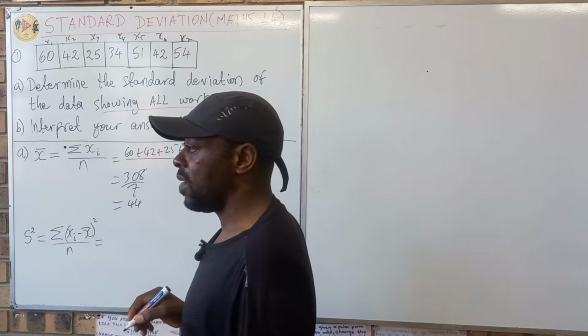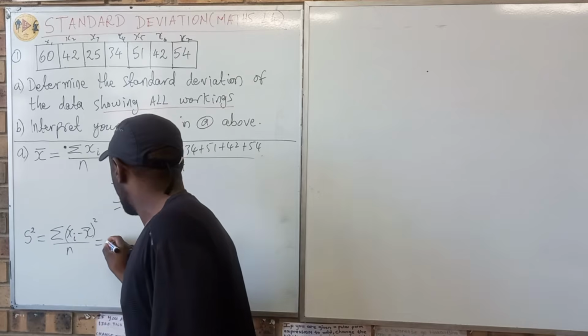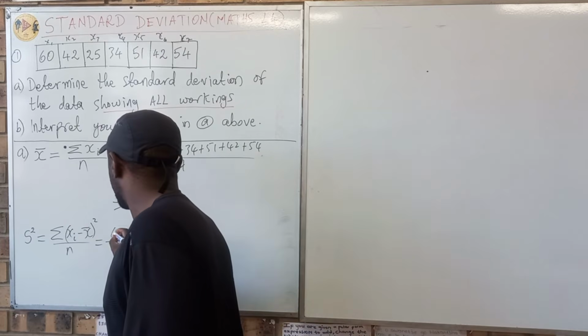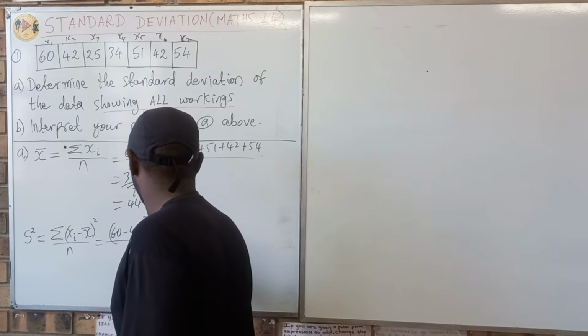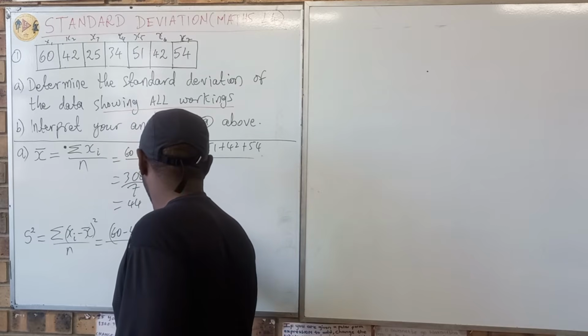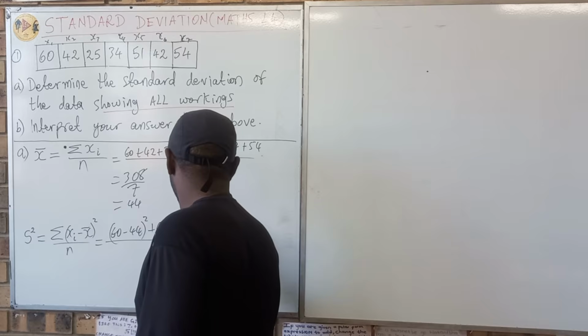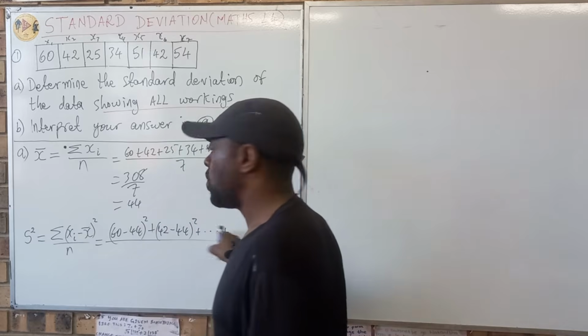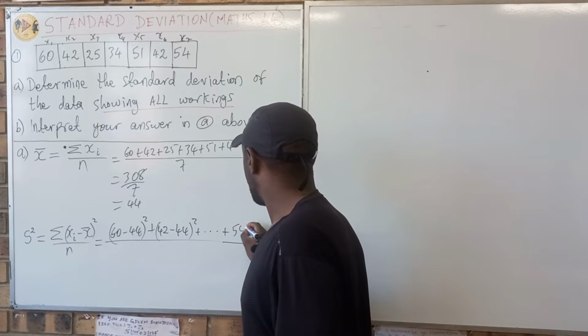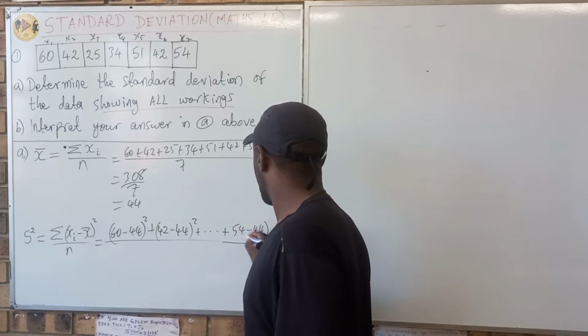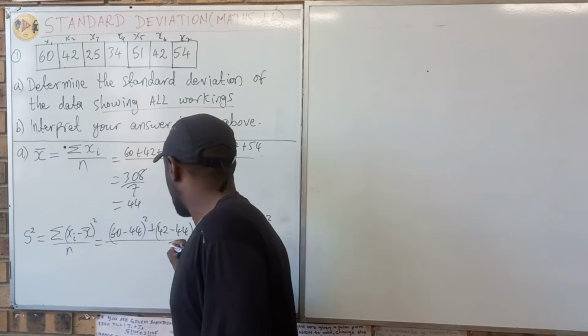If I express that out, I will take my 60 minus 44, 44 was the mean, plus 42 minus 44. If you don't have enough space to write all the numbers, you're allowed to put 3 dots like that. Then you capture the last number, which is 54 minus 44, all squared, and divide by 7.